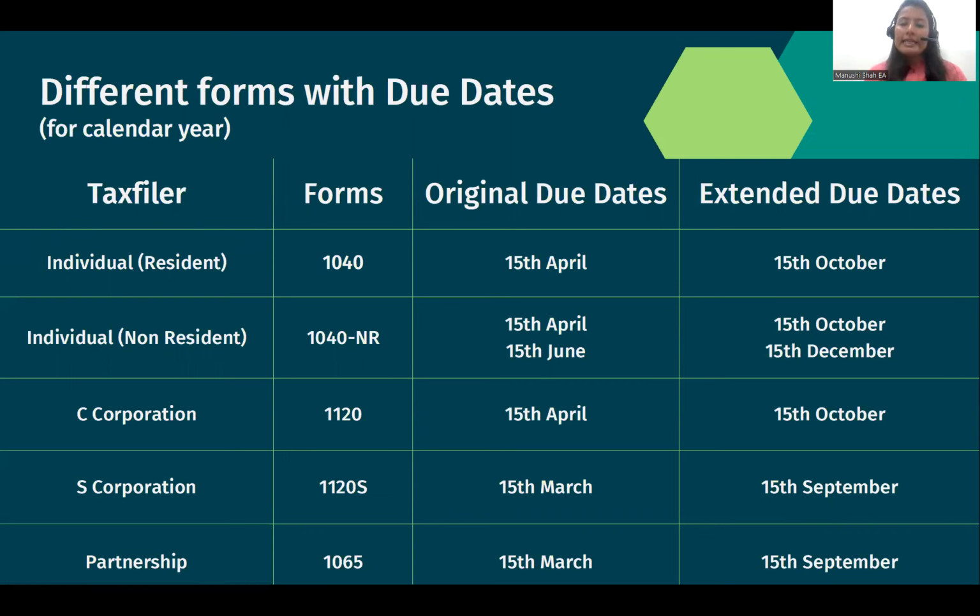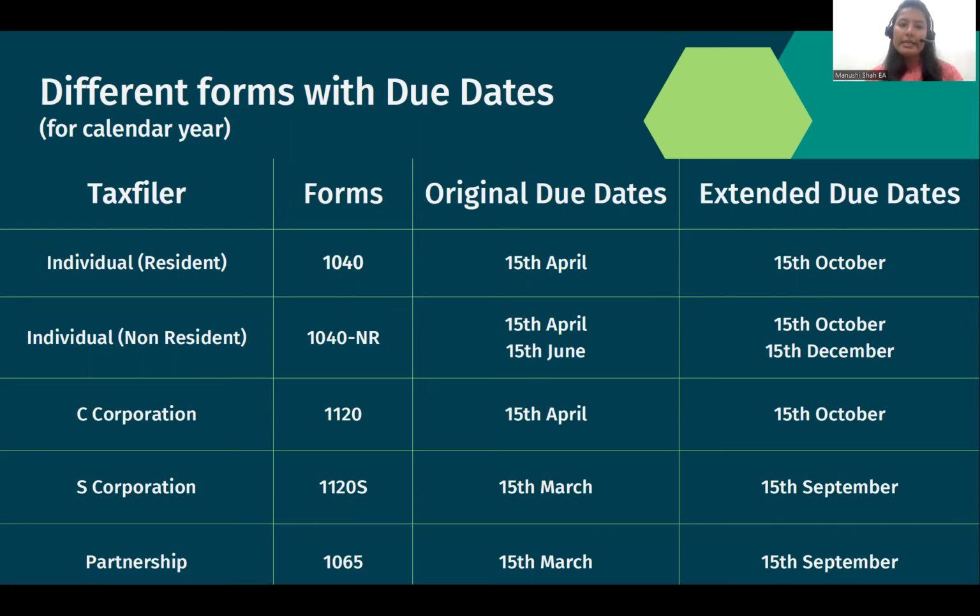In the United States, they generally follow the calendar year, which starts from January and ends in December, right? Apart from calendar, they can go for the fiscal year, which can be any 12-month period. But the majority of them are using the calendar year.